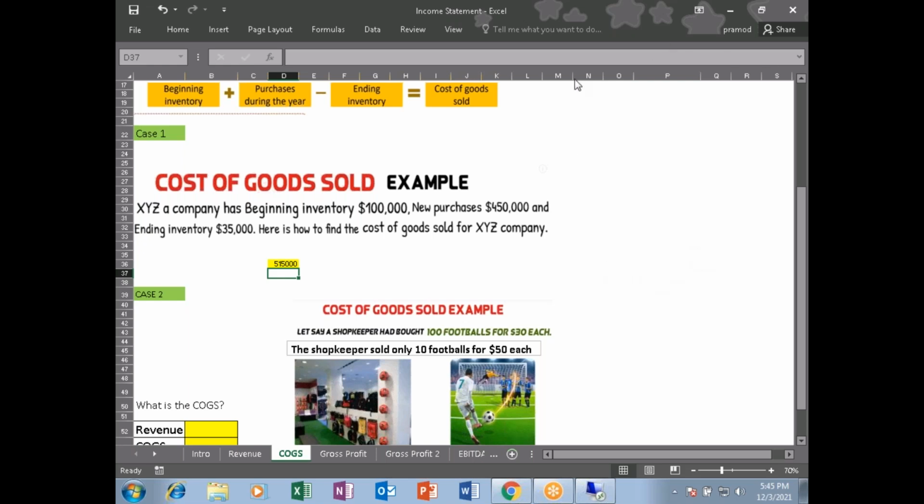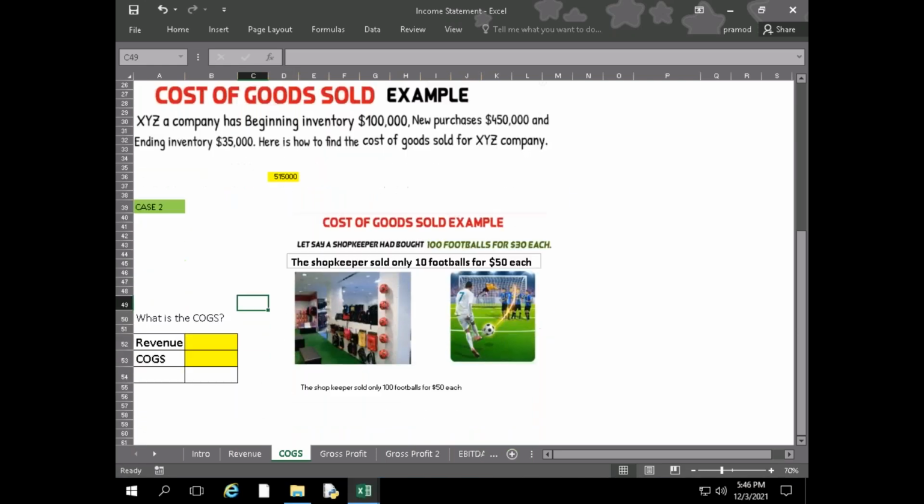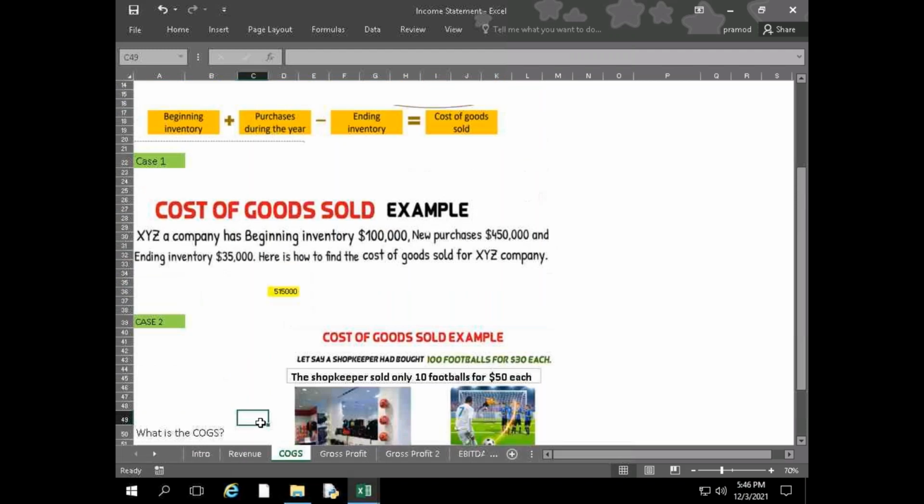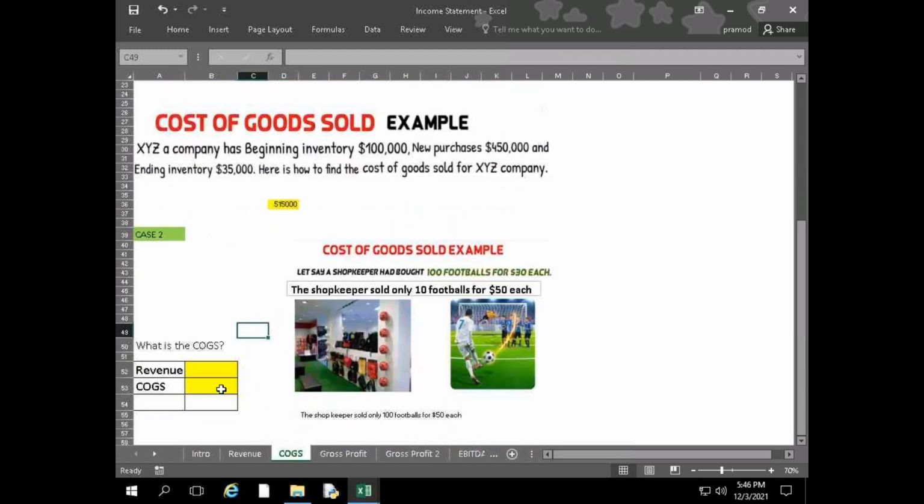Sir, can you tell us the answer for case 2, sir, under COGS? Everyone has done? Yes, sir. Can anyone tell? I will say whether it is correct or not. Sir, it is 3,000, sir. The revenue possible is 500. Okay, revenue is 500.